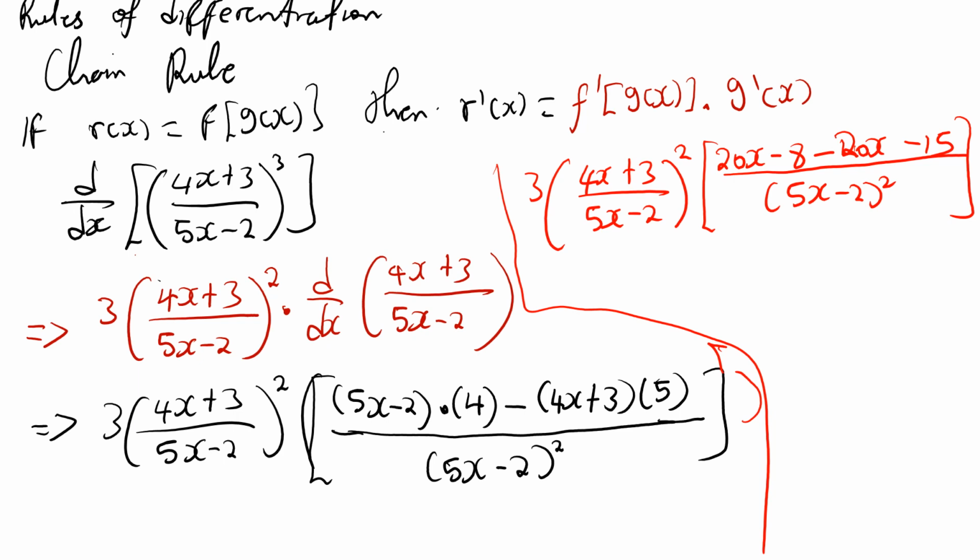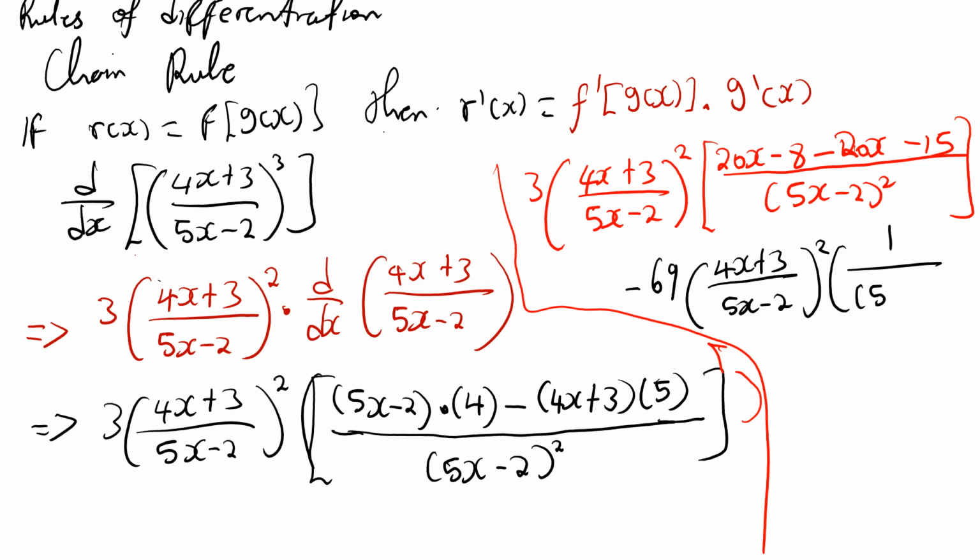So we can write minus 69 all over 4x plus 3 over 5x minus 2 squared into, it means we will be having 1 over 5x minus 2 squared, just like that. So that will be our final answer.